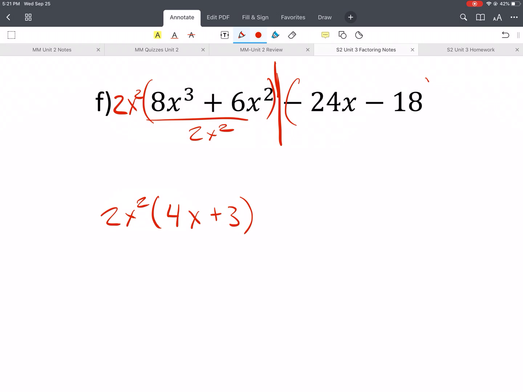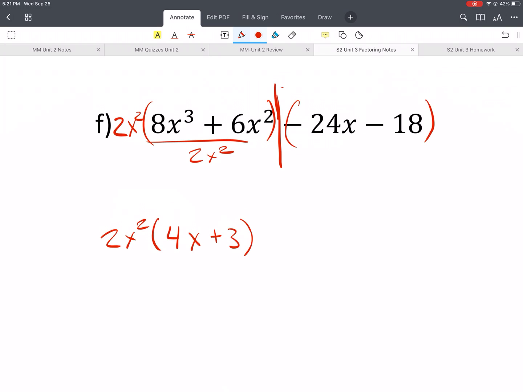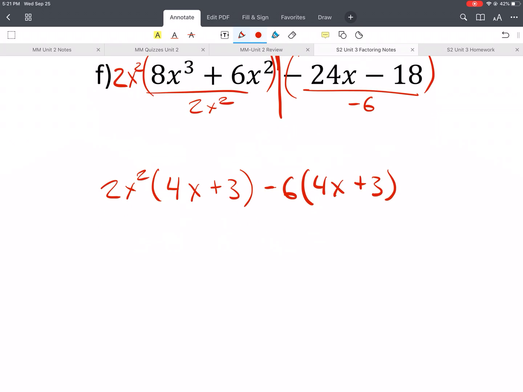And here, greatest common factor, since it's a leading negative, we'd have to do a negative 6. So minus 6 times, we're going to divide it by negative 6, so that would give us 4x plus 3. So we'd have 4x plus 3 times 2x squared minus 6.